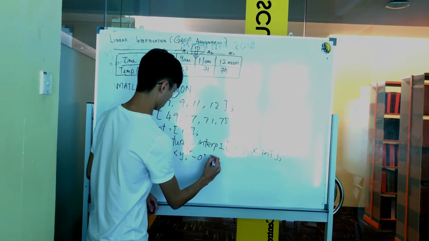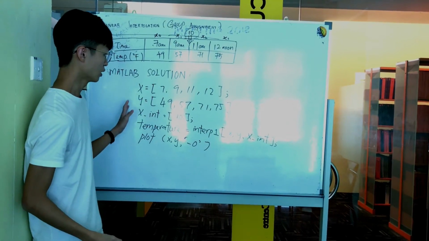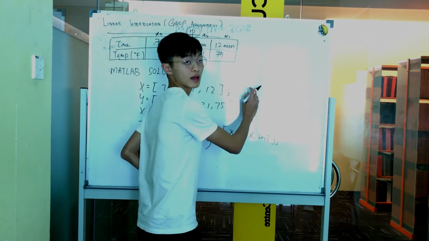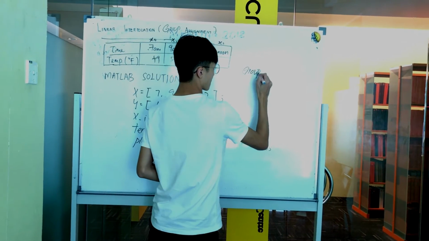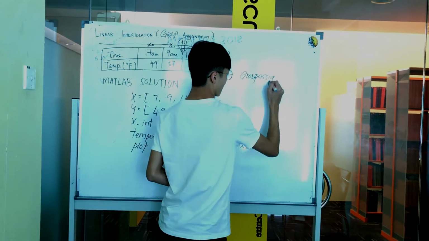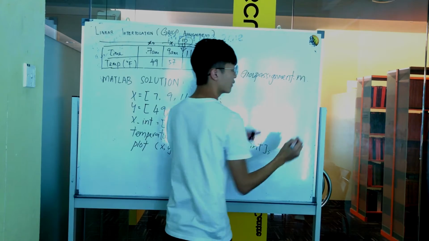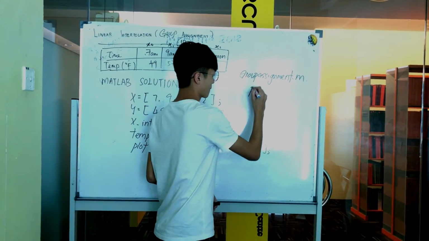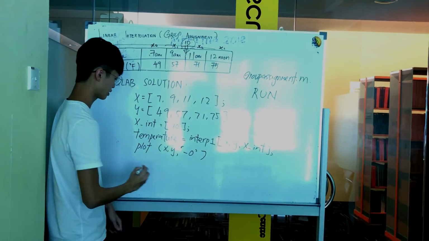Now we close the bracket. After that, you set the file name, for example, we set it as group assignment. Then we just need to run.